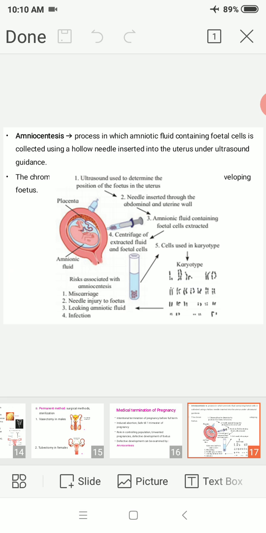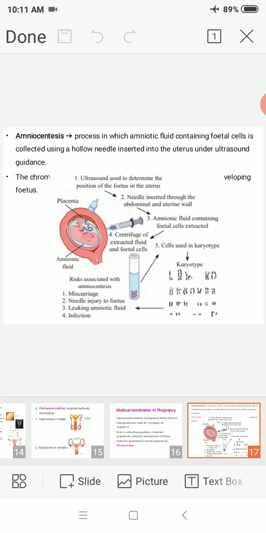Now next, amniocentesis. It is the process in which amniotic fluid containing fetal cells is collected using a hollow needle inserted into the uterus under ultrasound guidance.